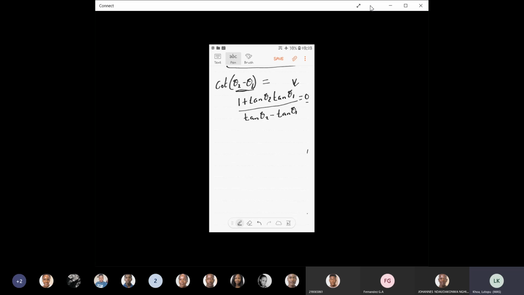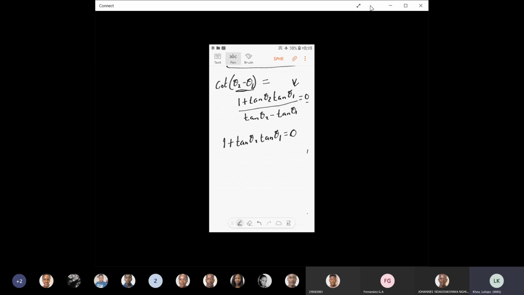If I have a fraction and the answer is 0, it means the numerator is the one that is equal to 0, because we cannot have a denominator that is equal to 0. So that means 1 plus tan theta 2 tan theta 1 is equal to 0.